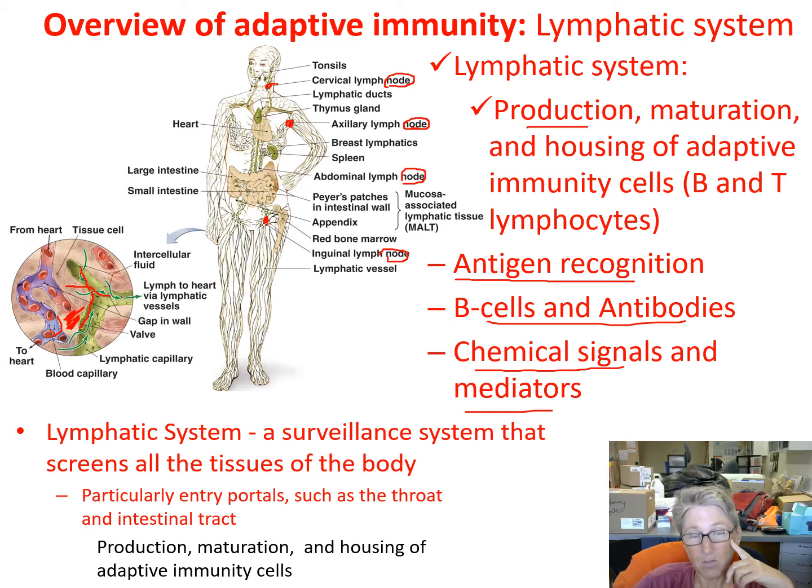So the lymphatic system basically is a surveillance system. It screens all the tissues of the body. So you've got capillaries in all tissues of your body, and you've got lymph capillaries in all tissues of your body. But you have special lymph tissue at entry portals in your body, like your throat and your intestinal tract, because that's the most likely place for bacteria to come in.